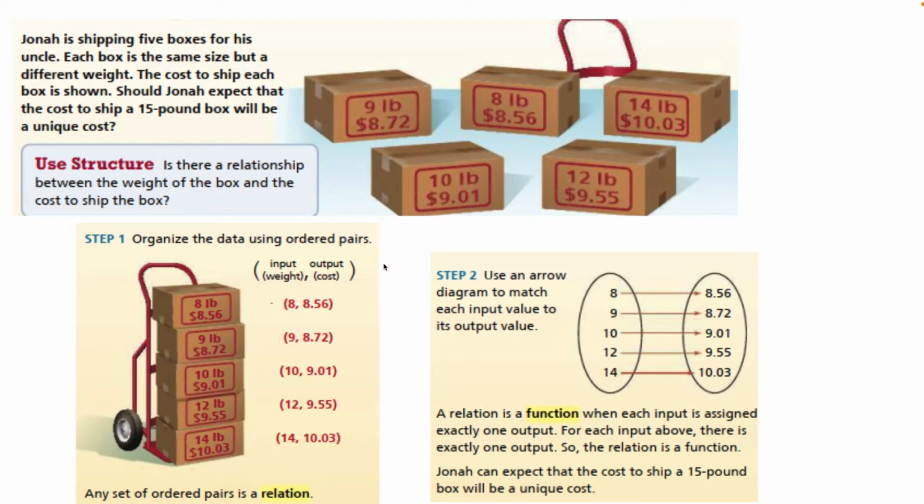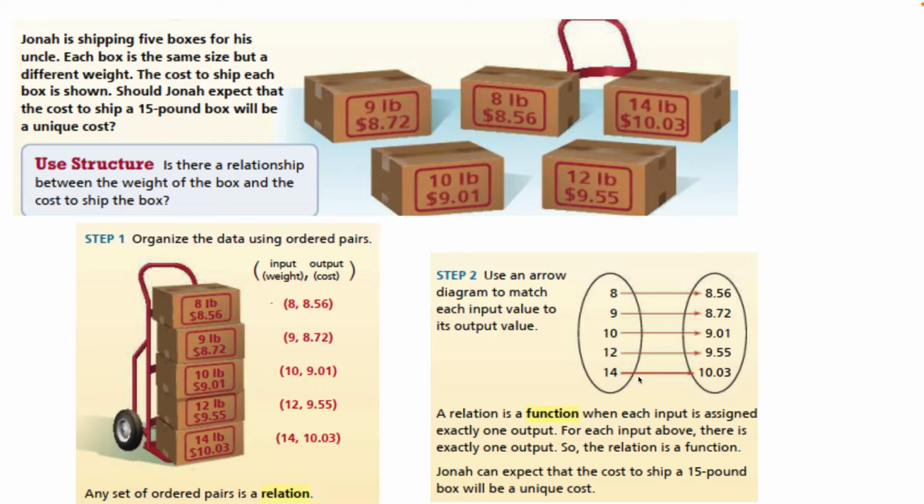A relation can be a function if all of these items have correspondence and we use a certain rule there, right? So using an arrow diagram, we can match each of them. So it is a function when each input is assigned exactly one output, right?